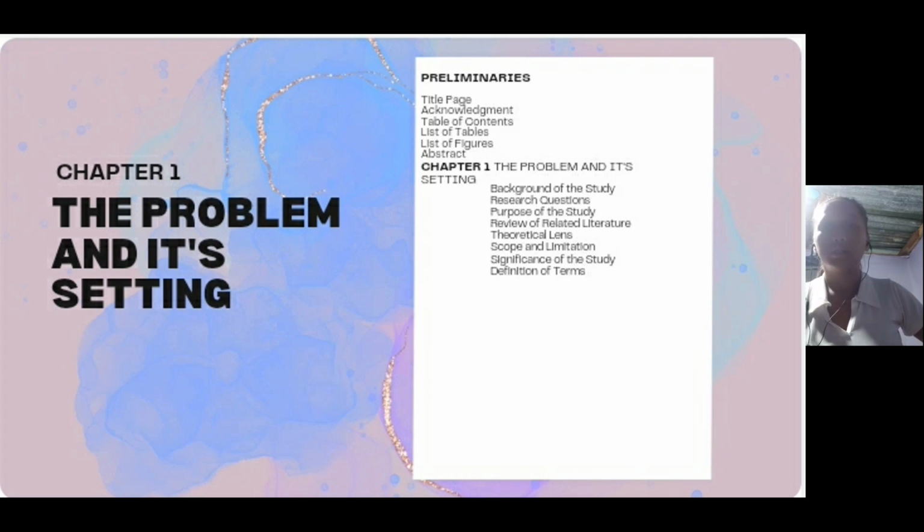Second is the research question. Choosing a research question is an essential element of both quantitative and qualitative research investigation, as it will require data collection and analysis for your study.